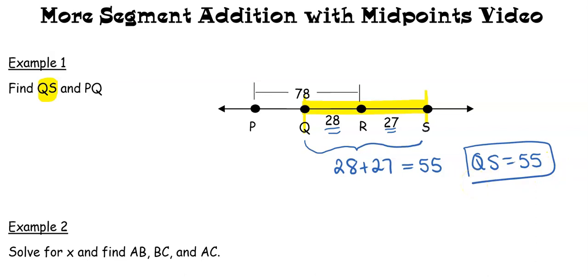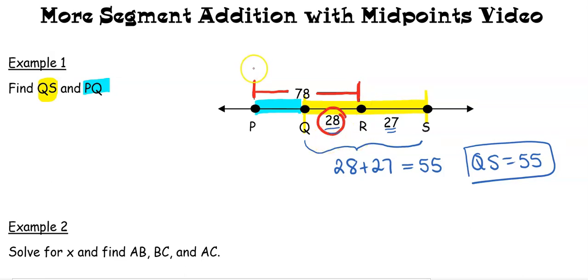Now the second piece that we're looking for is PQ. I don't have any direct information the way I did on QS. So I want to look at the relationships among the pieces I see. I'm given this 78. 78 is from here to here. And I'm given that this portion is 28.